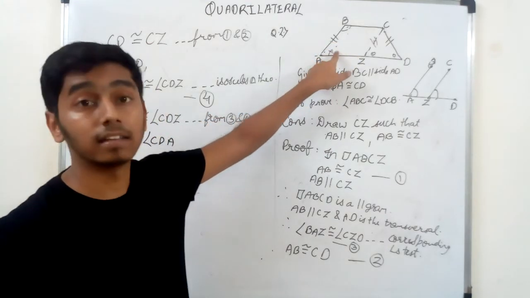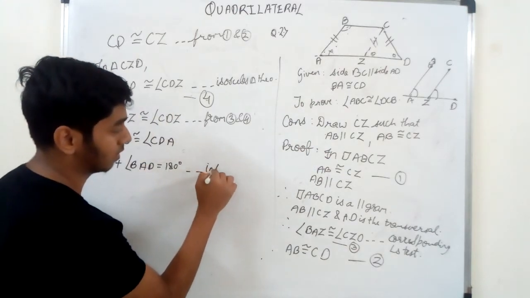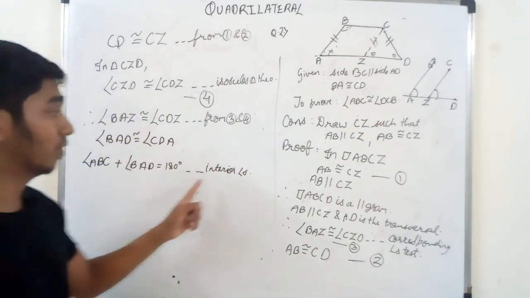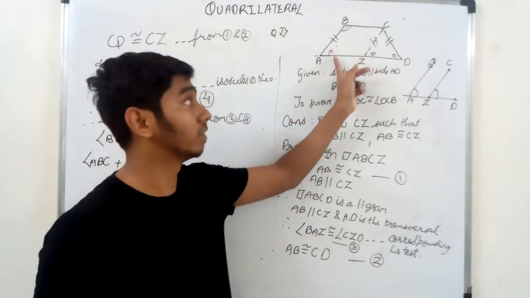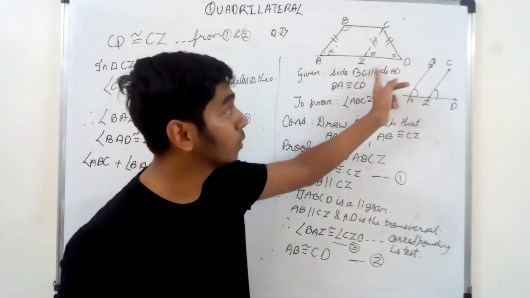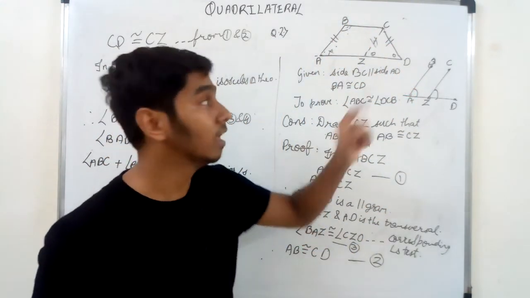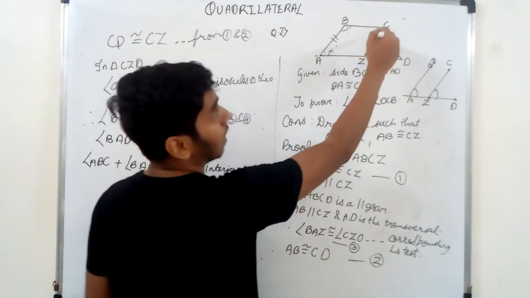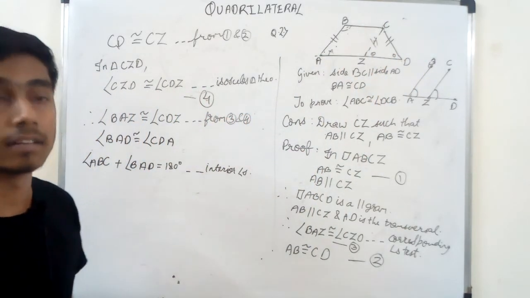This angle plus this angle, they are forming interior angles, therefore their sum is 180 degrees. So for getting interior angle, corresponding angle or alternate angle, we just need to have lines to be parallel. Here this is a trapezium because BC is parallel to AD, already given. So if BC is parallel to AD and AB is the transversal, then we can get these two angles to be interior angles. Same way we can get this angle BCD and ADC also as interior angles.